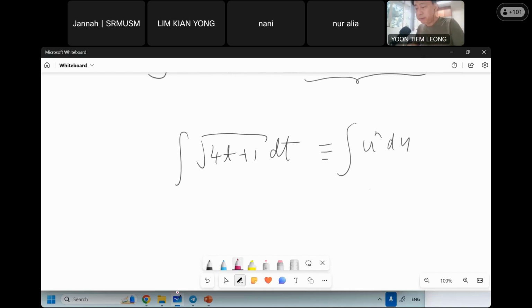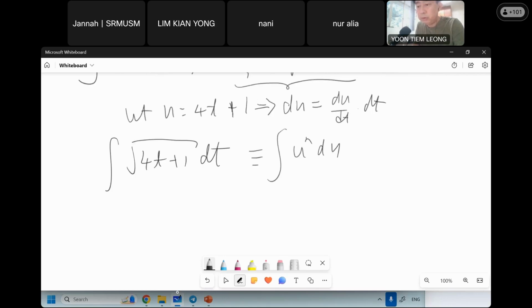It would simply be performed by assuming that u is 4t plus 1. So you just let u be 4t plus 1. Then with that, you can calculate the differential of u. The differential of u is du/dt times dt, and what do you get?